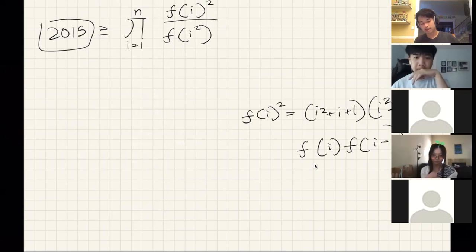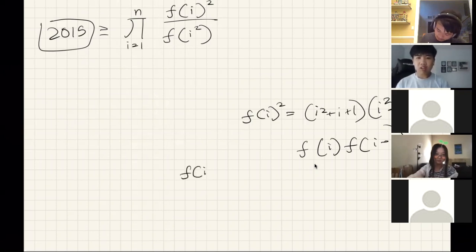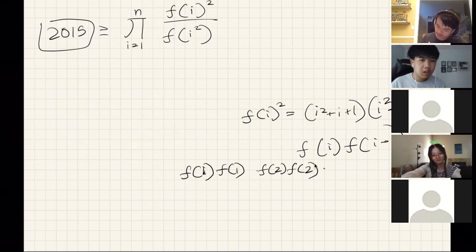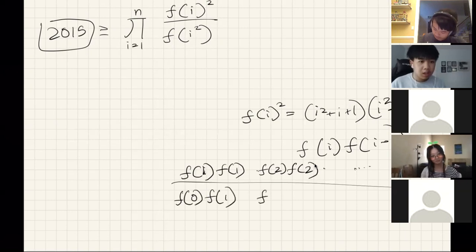So now I guess you can get a little bit of a clear idea of what we're trying to do, right? You basically have f of 1 times f of 2 times blah blah f of n, and then on the denominator it goes f of 0, f of 1, f of 1, f of 2, and so on, up to f of n and f of minus 1.